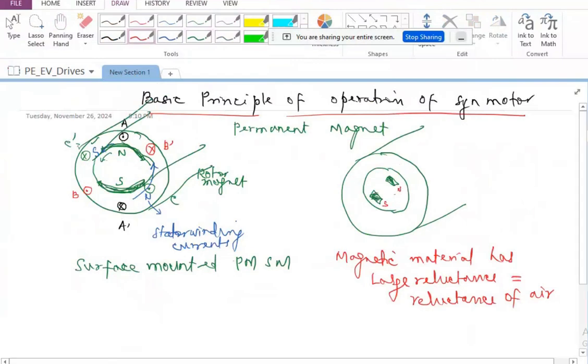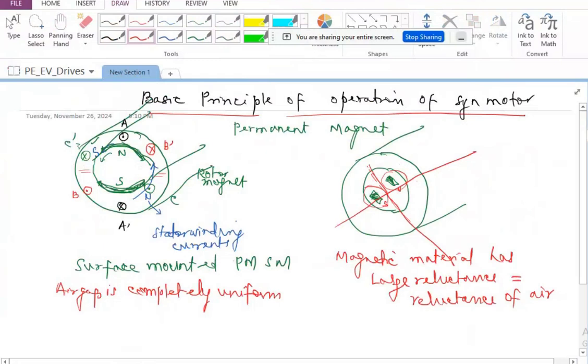Now, between stator and rotor the air gap is uniform. The air gap is completely uniform in a surface mounted machine. Whereas if you look at it here, this is going to give me more reluctance compared to what happens along this. So this axis is going to give more reluctance as compared to this.